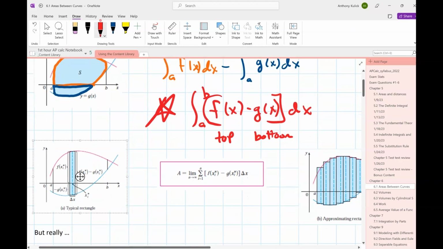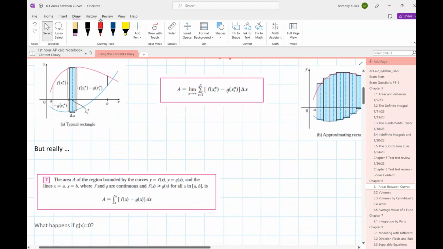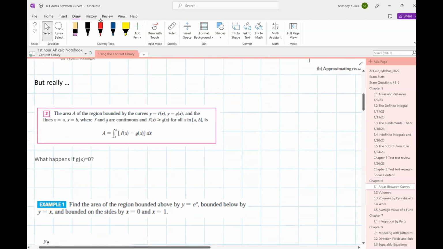Our f of x minus g of x is just the height of our rectangle, and delta x, or dx in the integral, is just going to be the width of that infinitely skinny rectangle. So that's all we're doing. So there's our formula.